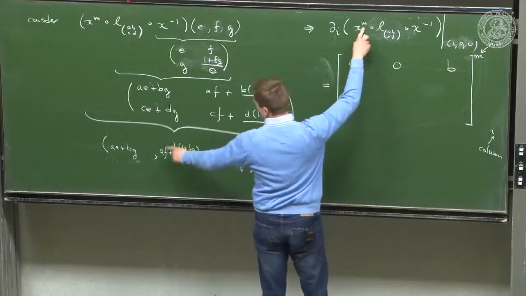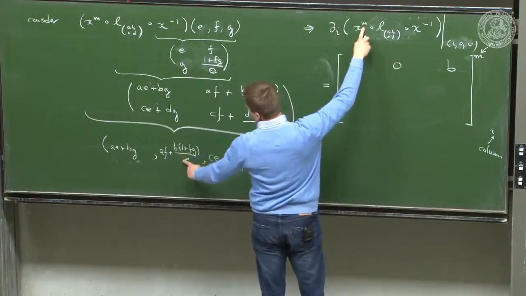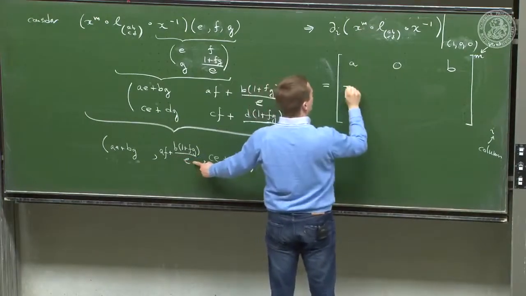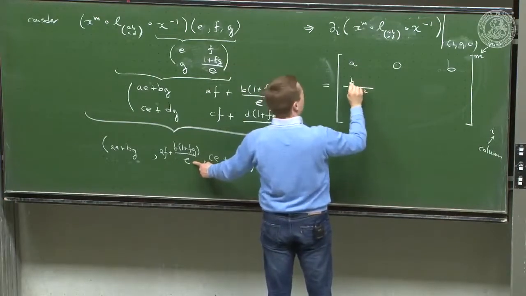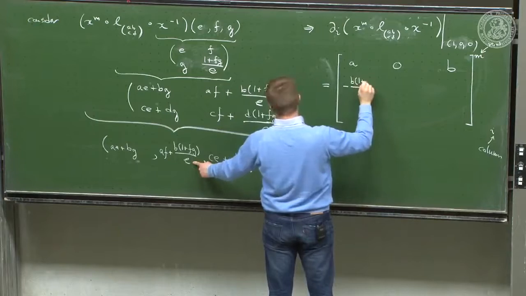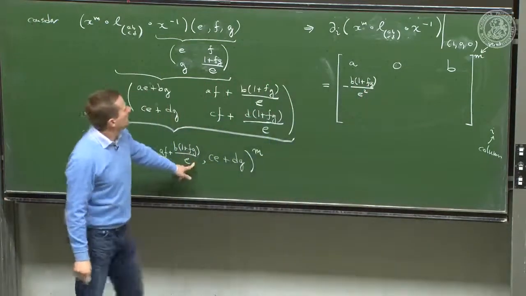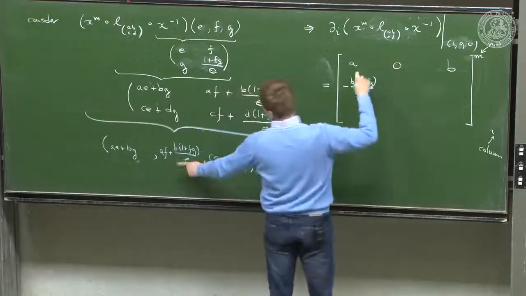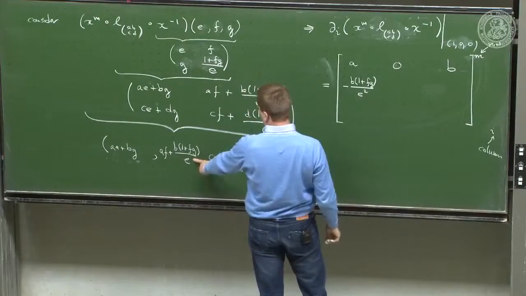So we look at the second one. This is this guy. We derive with respect to E. Not a problem. This is minus this thing by E squared of B1 plus FG. Agree? Now we take, again, the second. We derive with respect to the F. That's not more complicated.